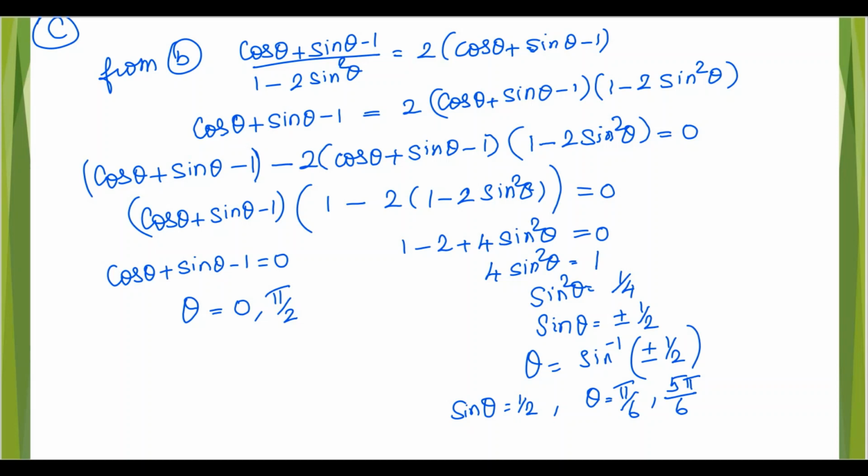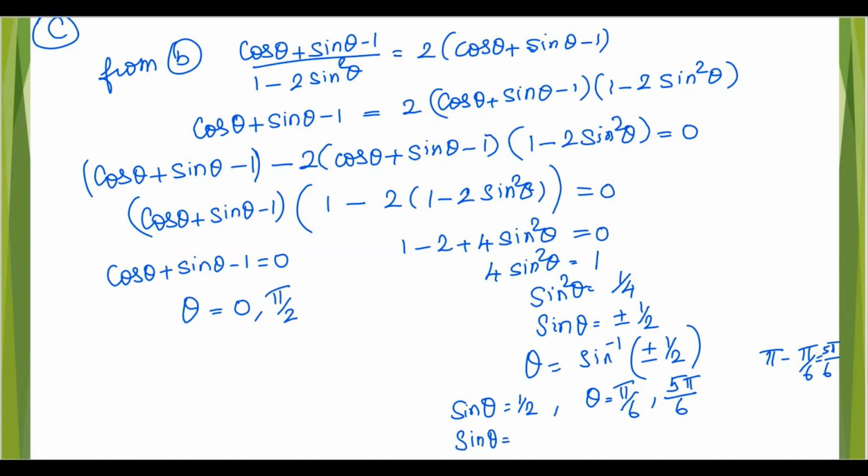So we are getting 5 pi over 6 because pi minus pi over 6 gives 5 pi over 6. Okay, this is also within the range.